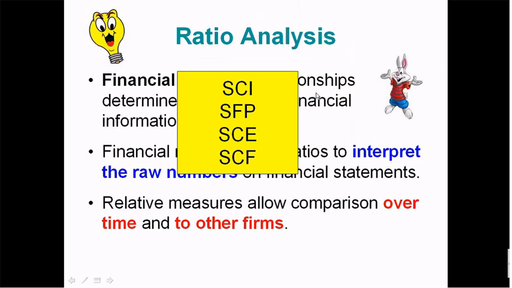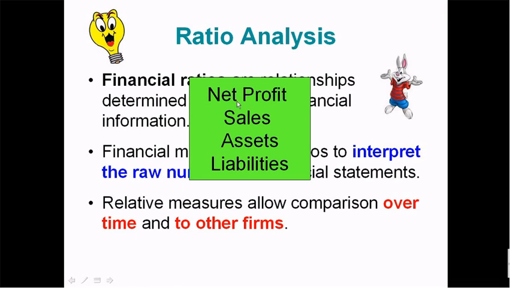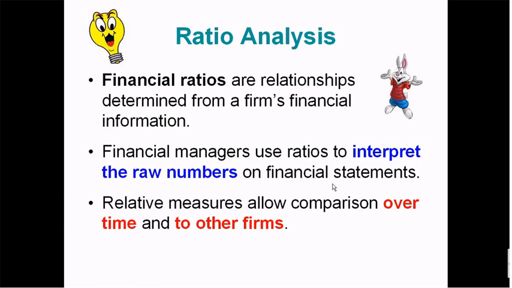Okay, so in these statements, we might have seen figures like net profit. We can see their sales, assets, liabilities, and so on. So from ratio analysis, we use ratios to interpret the raw numbers.